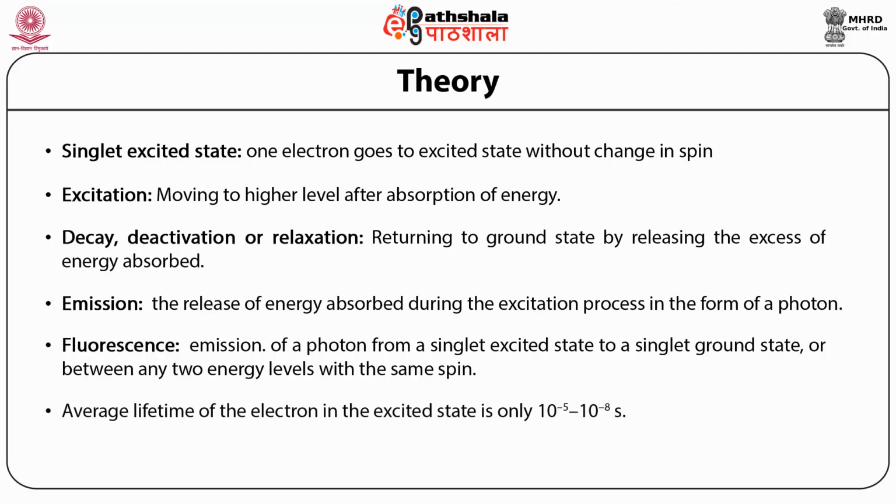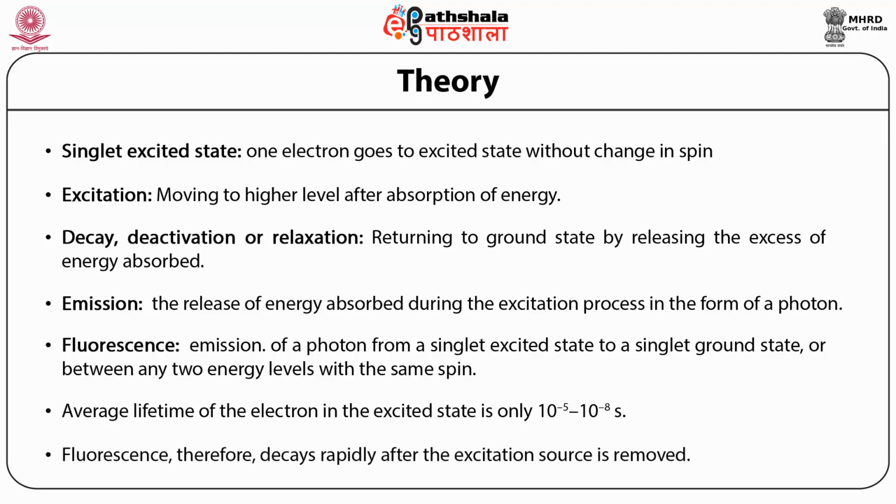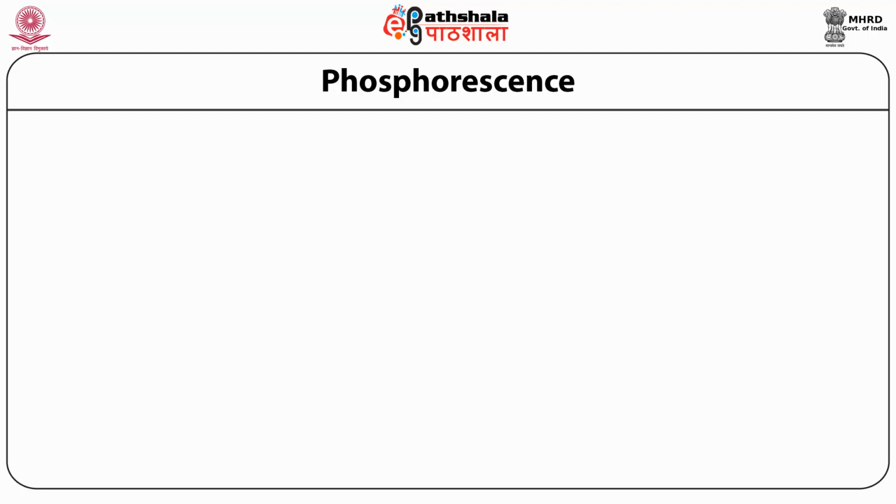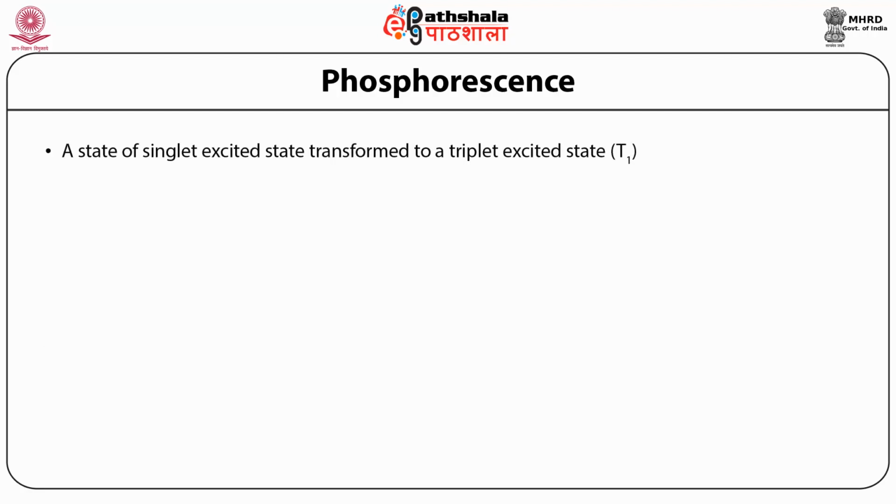The average lifetime of the electron in the excited state is only 10 to the power minus 5 to minus 8 seconds. So fluorescence decays rapidly after the excitation source is removed. Phosphorescence is a state where the singlet excited state has transformed to a triplet excited state.